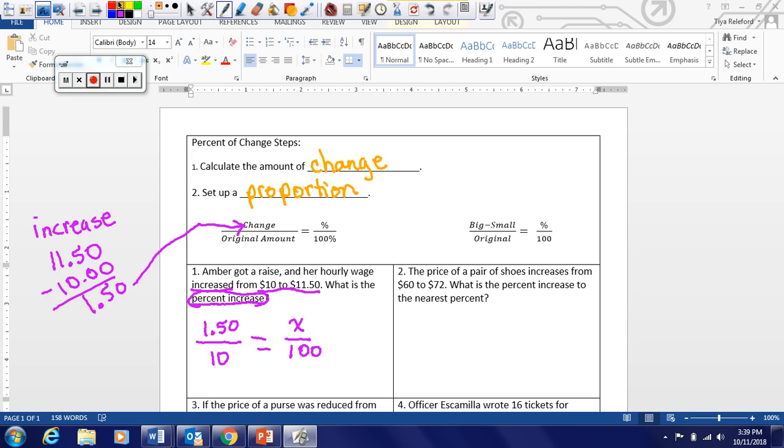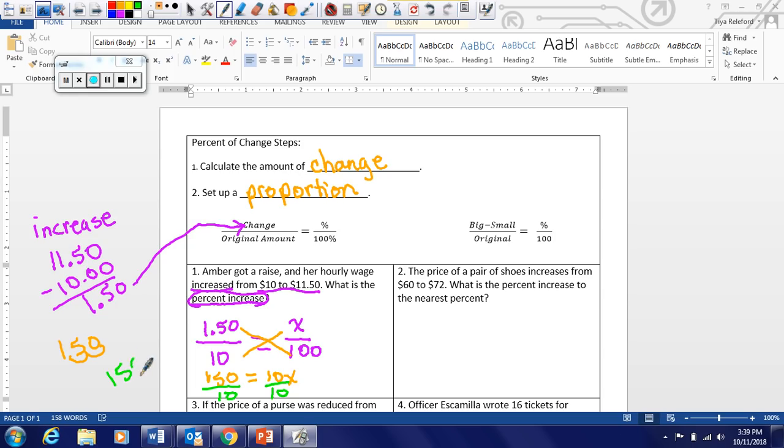Hit pause and solve it, or if you're fast, you can go ahead and solve it. I'm going to work on it at the same time you do. I multiplied 150 times 100 and 10 times X. And now I will divide by 10.